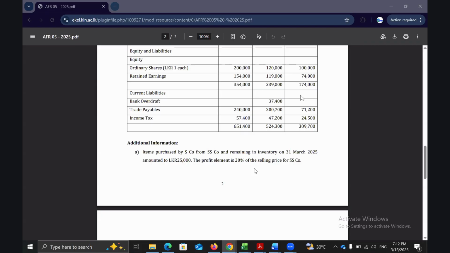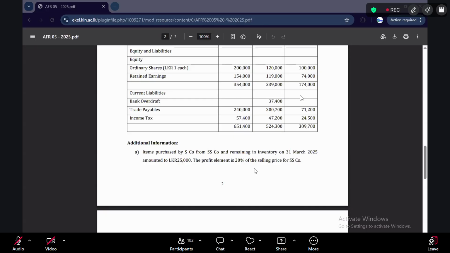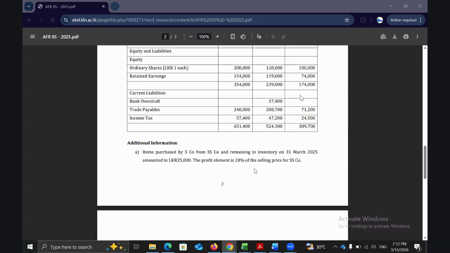P. Are you sure? He doesn't know anything about this. P inventory in the plan is in the group, but actually the adjustment should be done with the inventory balance of entity S.